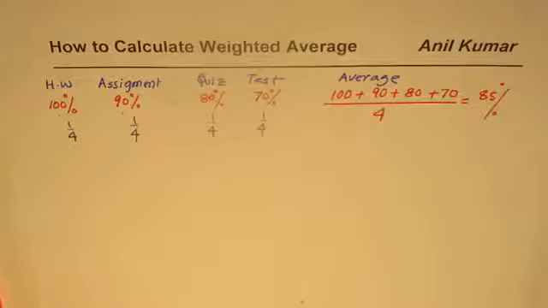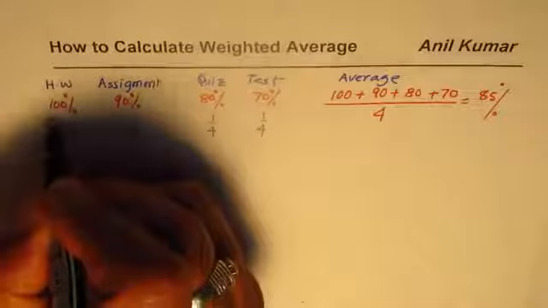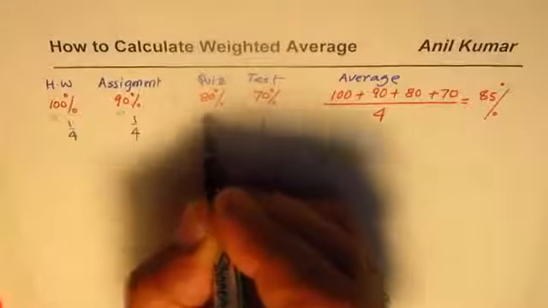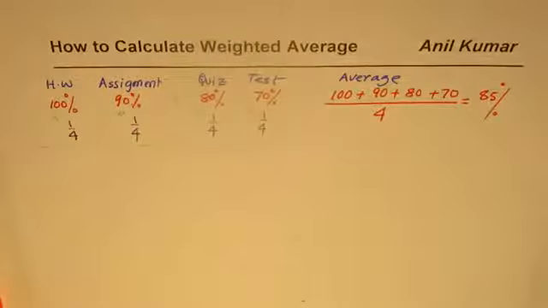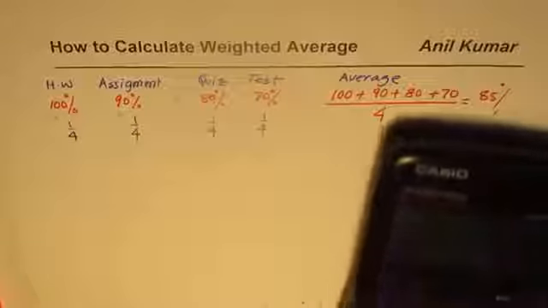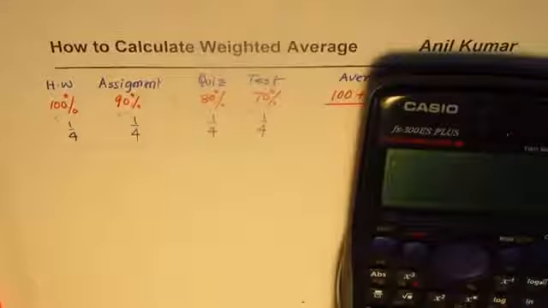Well, let's do that. If I multiply these, let's see what we get. So what is 1/4 of 100? We'll do 1/4 of each and then see if we get the same result or not. So 100 divided by 4 is 25.